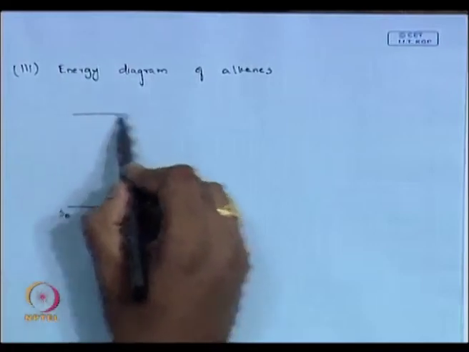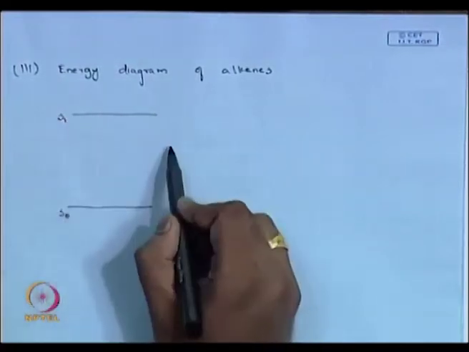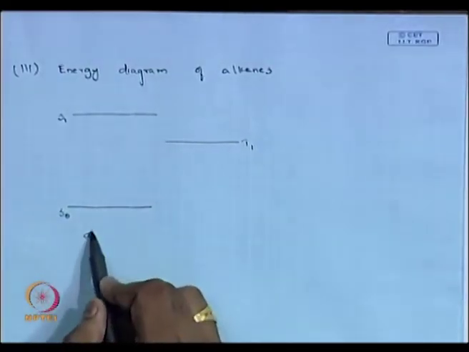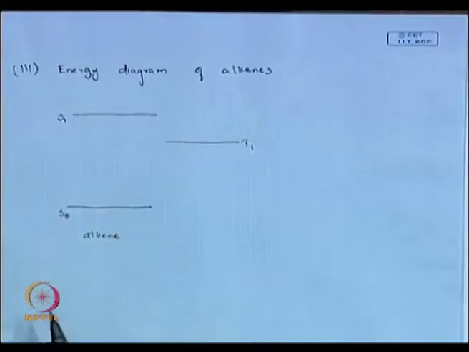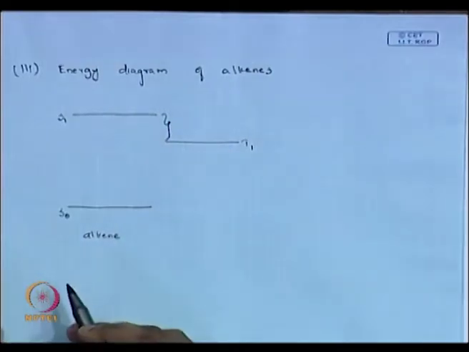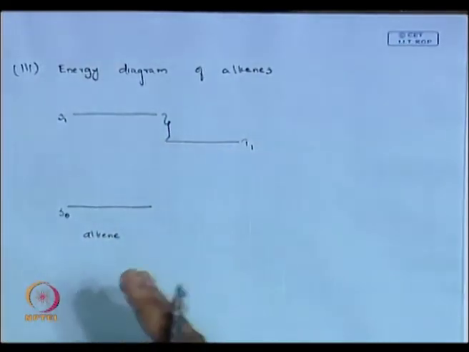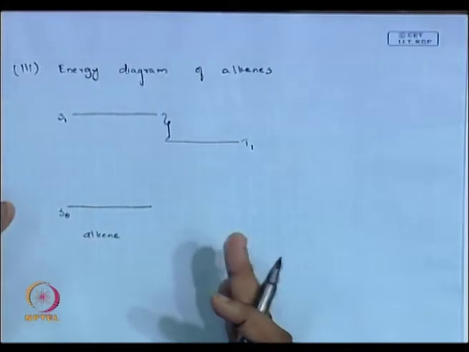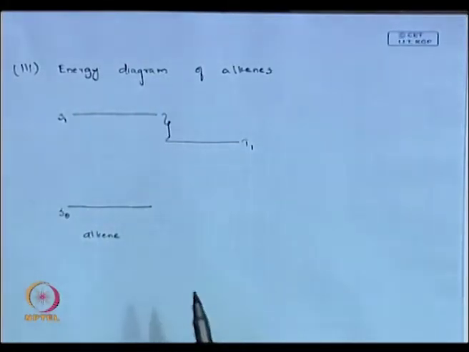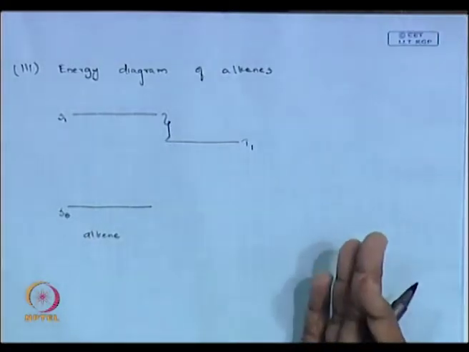You have an S0 and then you have an excited singlet, and you know that you have a triplet for any alkene system. The one big thing you know is what? That the energy gap of an alkene most of the time is comparatively larger than your carbonyl, that is n pi star reactivity. Most of the time the pi star energy gap is always larger than that.